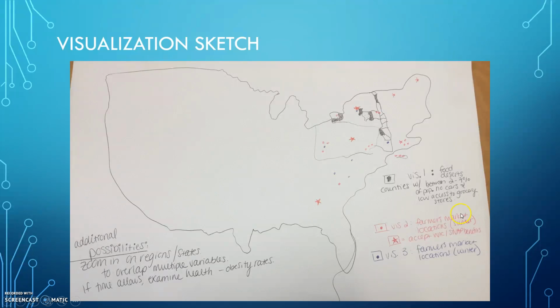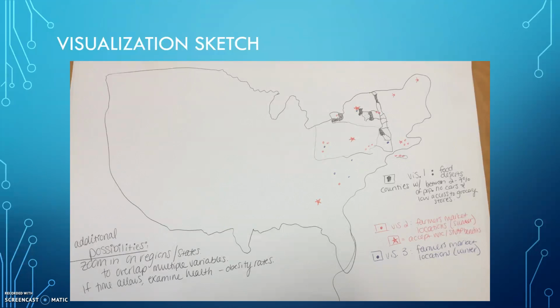I also then want to visualize farmers market locations, probably with points on latitude and longitude points on the map, and then possibly with a different character or symbol showing us which ones accept food stamps. And then finally, I'd like to do a little bit of work to visualize farmers market locations in the wintertime.